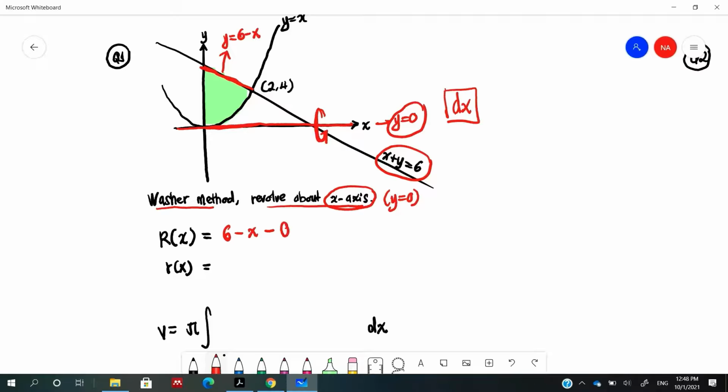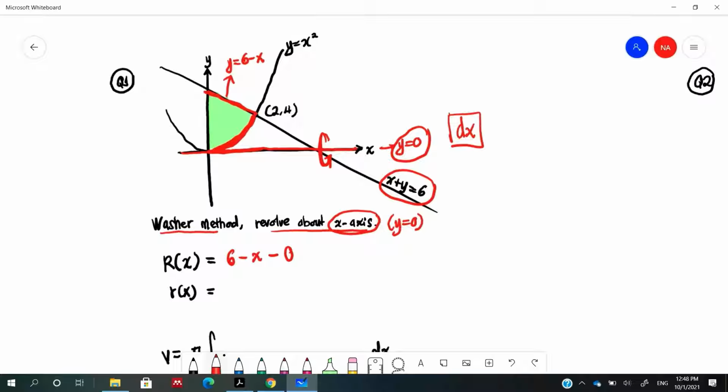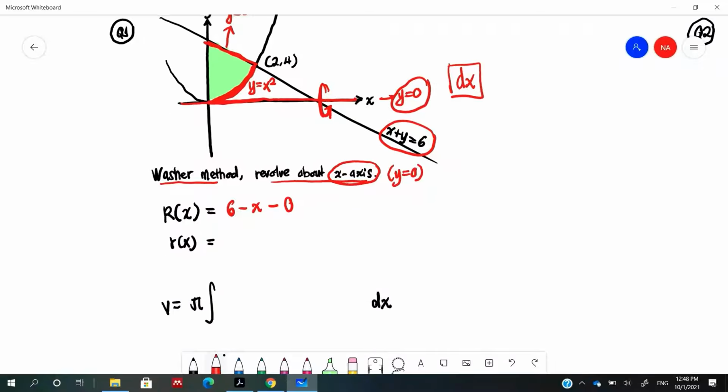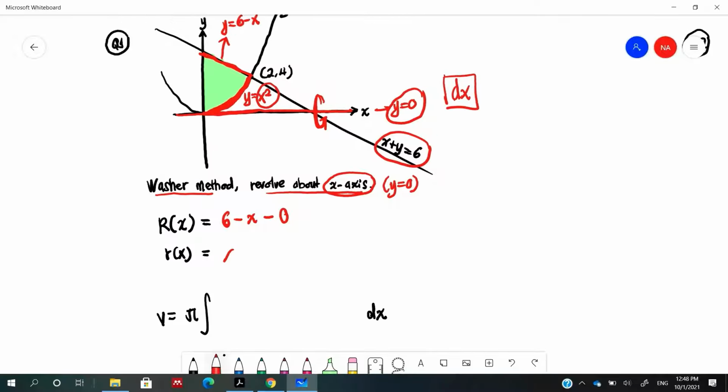For the inner radius, the inner radius is actually given by this, y equal to x squared. So we want to use this x squared, x squared minus the axis of rotation, which is 0.